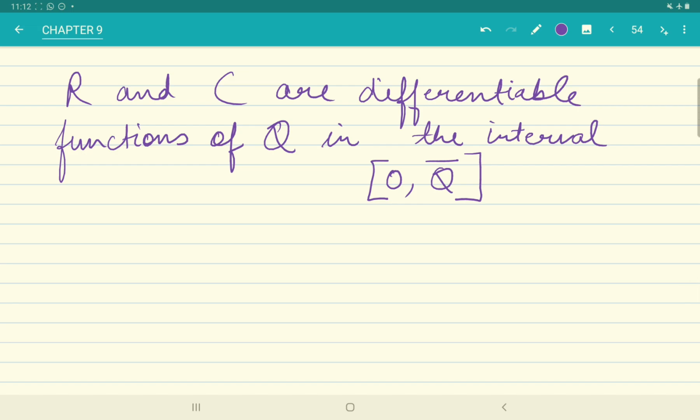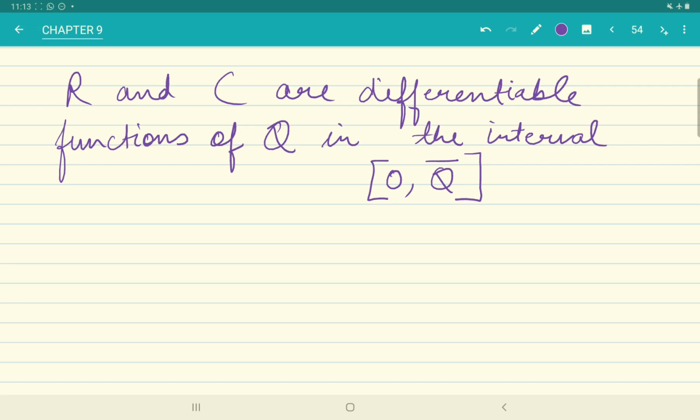Now obviously if these two are differentiable, the profit function pi will also be differentiable, and if it is differentiable, I know it is continuous, and if it is continuous in this closed bounded interval 0 to Q bar, obviously that means that pi has a maximum value. That is exactly what we can deduce from the extreme value theorem.